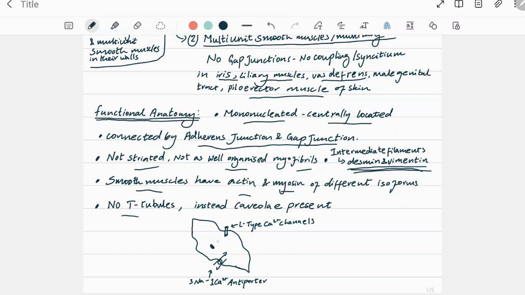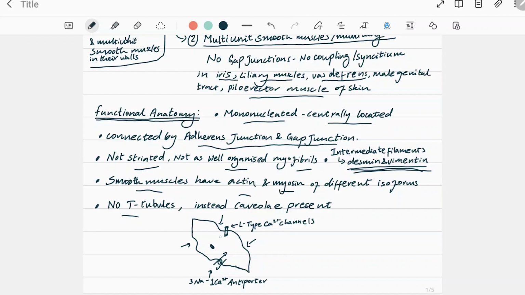There are no T tubules, they only have these kinds of caveolae. You can see these depressions which I've drawn on the smooth muscle membrane. These are caveolae, and in these caveolae you tend to have these L-type calcium channels.